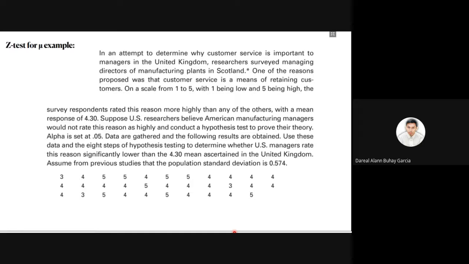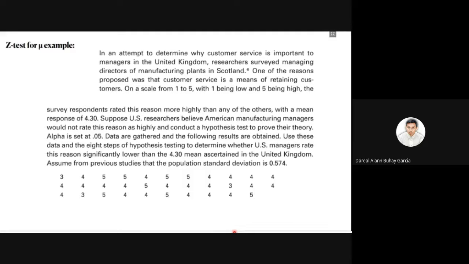Suppose US researchers believe American manufacturing managers would not rate this reason as highly and conduct a hypothesis test to prove their theory. Alpha is set at 0.05, or 5%. Data are gathered and the following results are obtained.